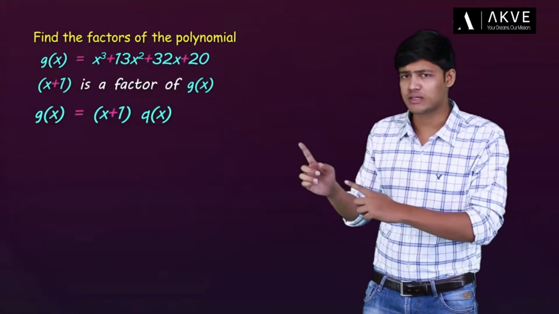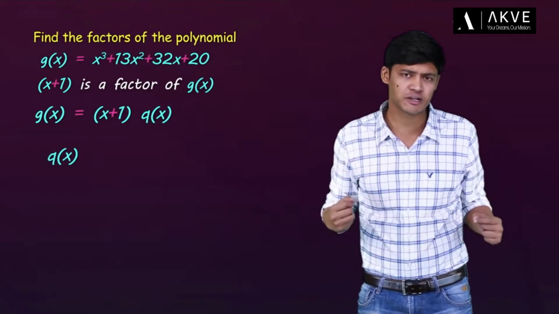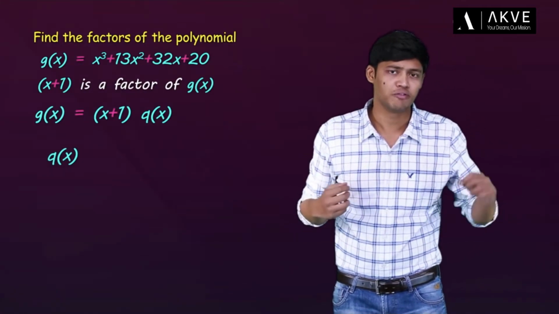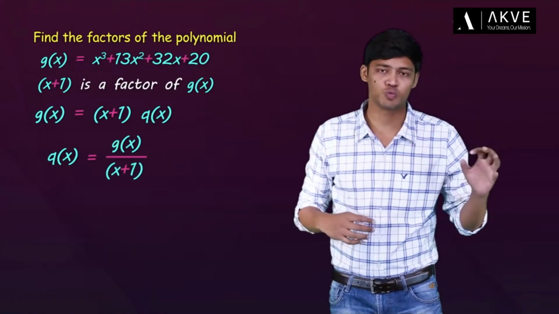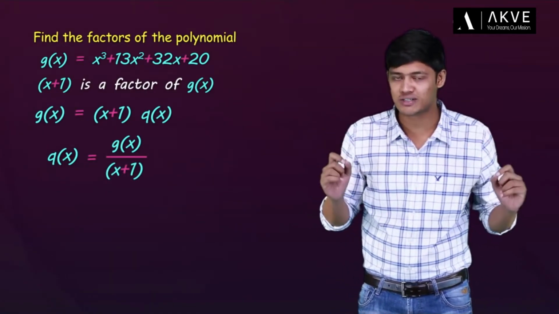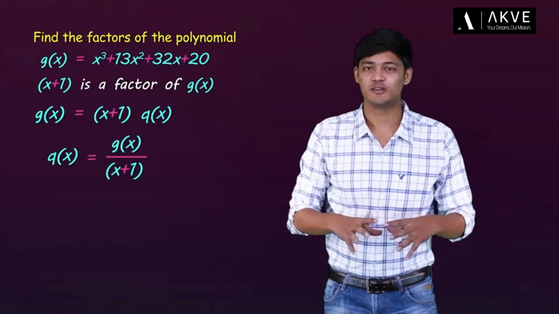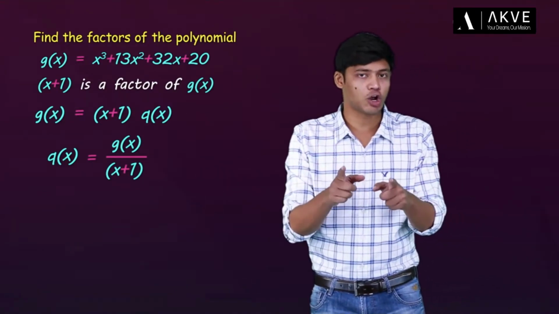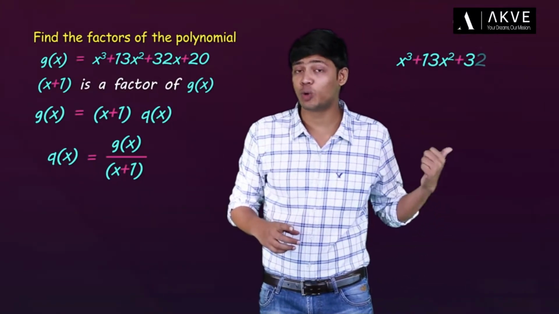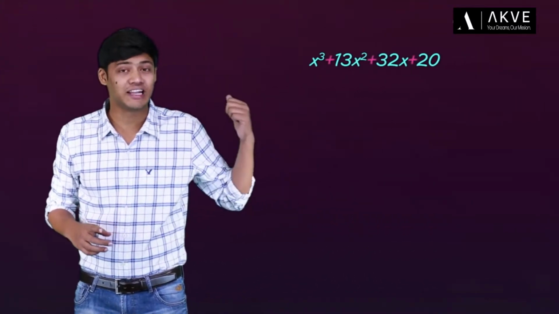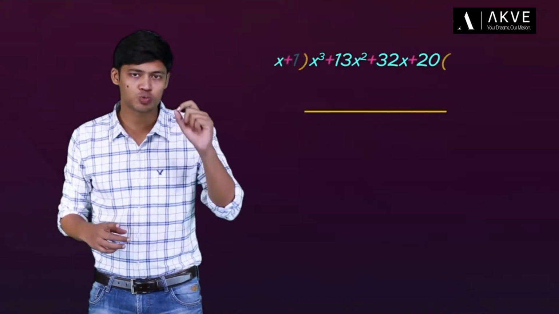Now, from this, how can we find q of x? It's very simple, right? We just have to divide g of x by x plus 1, and that will give us q of x. So, we will divide the polynomial x cubed plus 13x squared plus 32x plus 20 by the linear polynomial x plus 1.